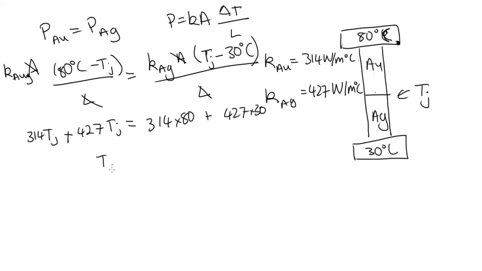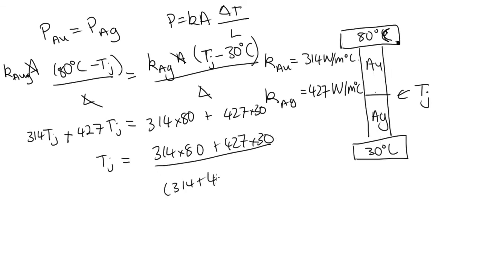Okay, so now we can just solve for Tj. 314 times 80 plus 427 times 30, over 314 plus 427. Solving that on the calculator, we end up with 51.2 degrees C.